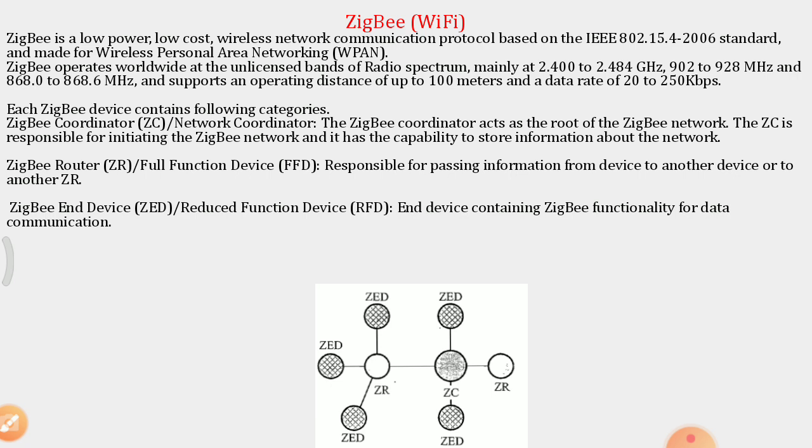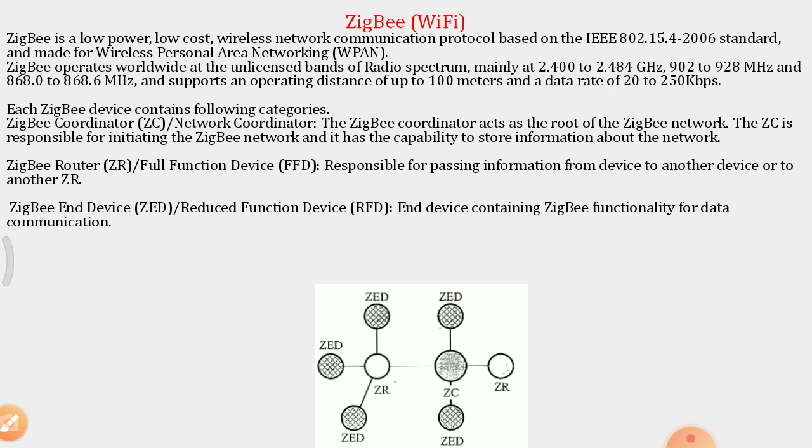Whichever devices are connected to this coordinator, all the information will be stored by the ZC. Then the ZigBee router, ZR, which is called a full function device, is responsible for passing information from one device to another device or to another ZR.